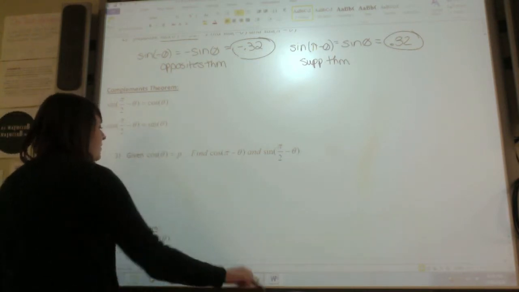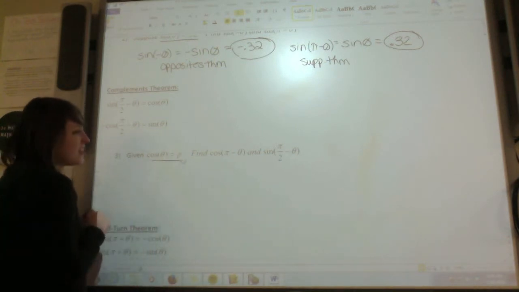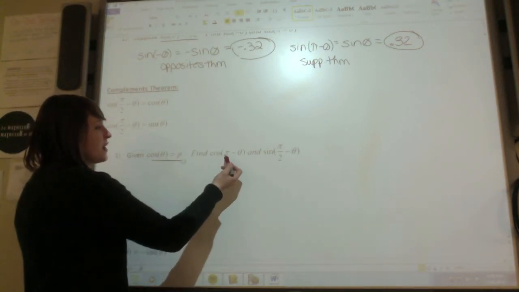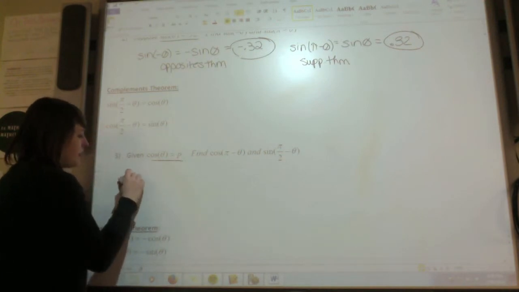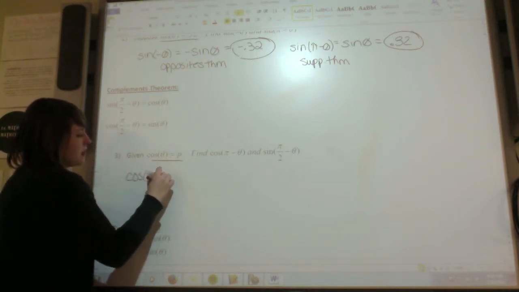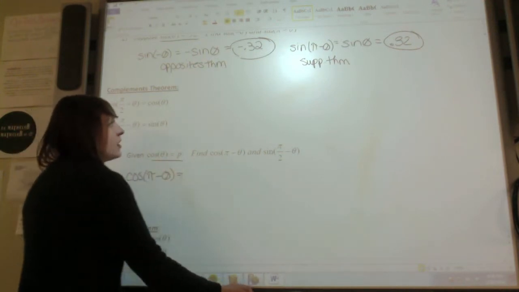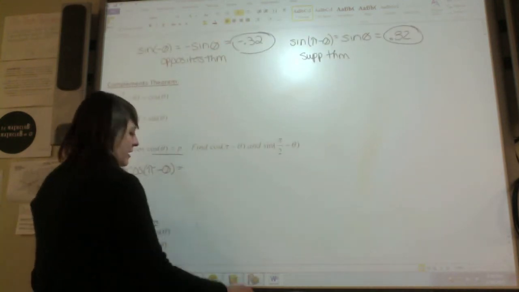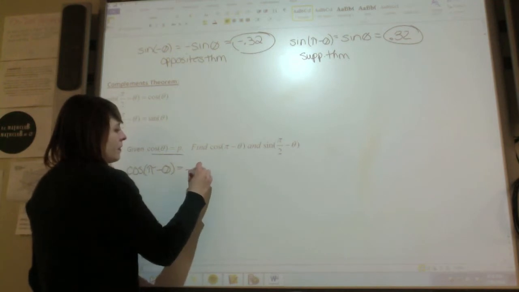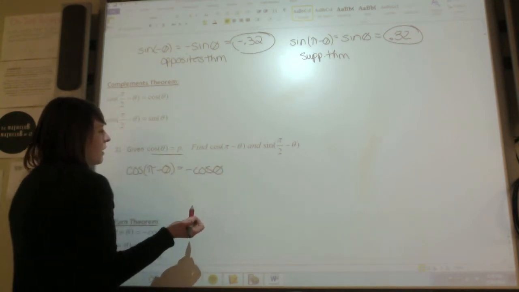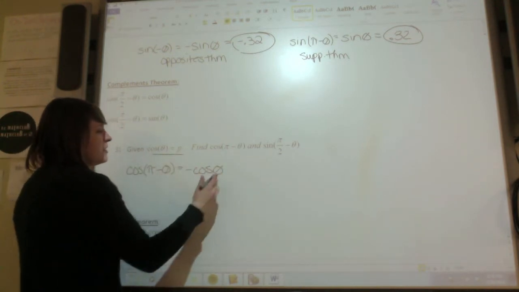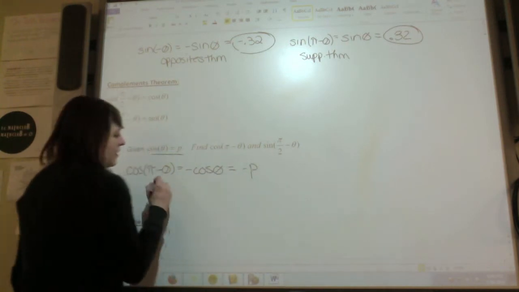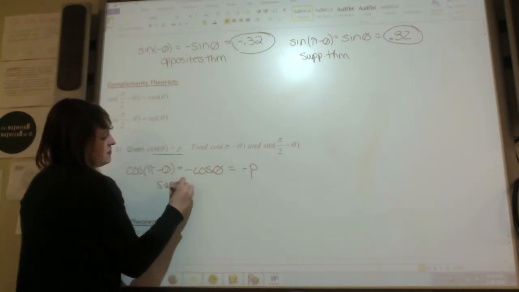If I'm given that the cosine of theta equals p, and I want to find the cosine of pi minus theta, I'm going to be using my supplements theorem. If I look back up here, cosine of pi minus theta is equal to negative cosine. I know that the cosine of theta equals p, so this would be negative p, according to the supplements theorem.